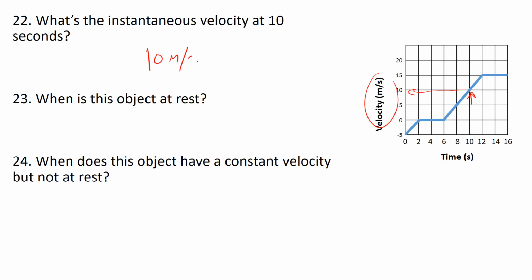10 meters per second. When's this object at rest? There's only one place that's at rest, and that is at the 0 meters per second. And that is from time 2 seconds to 6 seconds. When does this object have a constant velocity but not at rest?